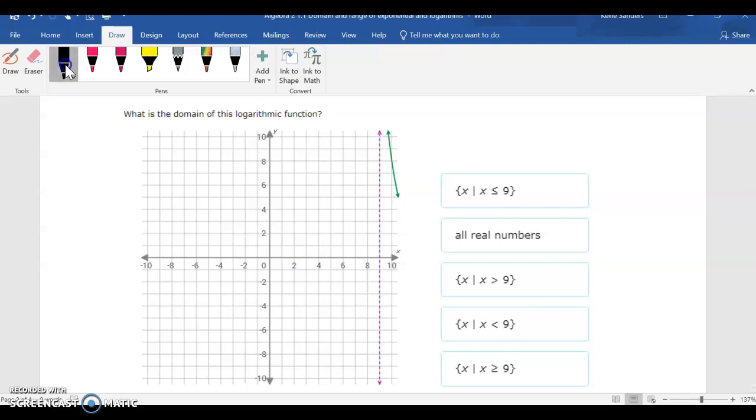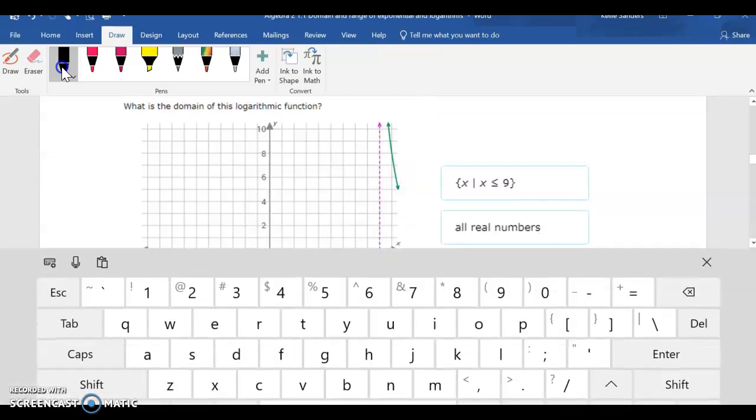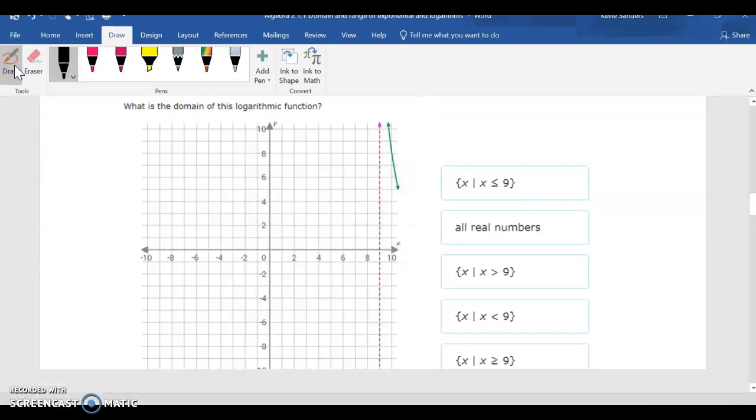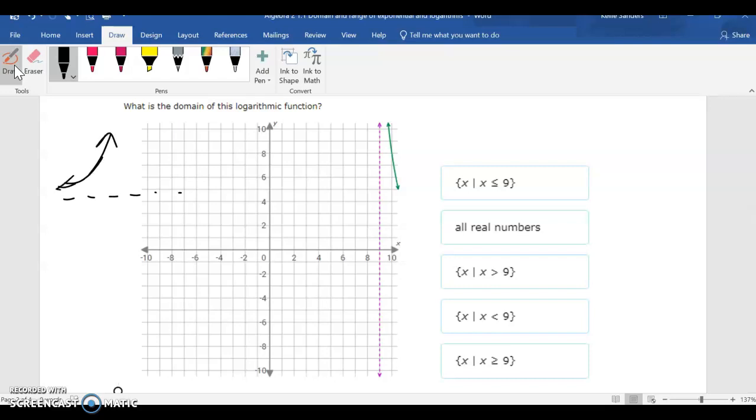On the exponentials, your asymptotes are always going to be horizontal. Okay, and you're either going to have this or something like that. Now, for a logarithmic, your asymptote is always going to be vertical, so your vertical asymptote.